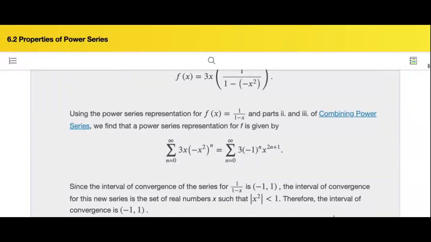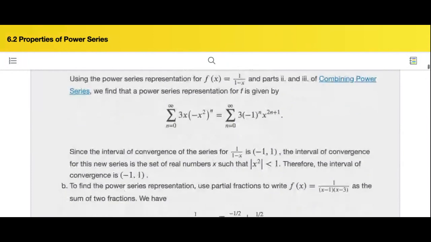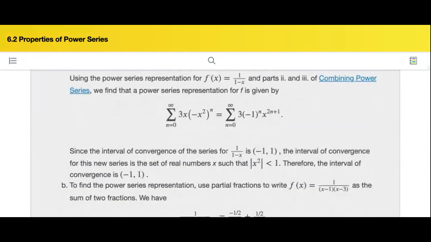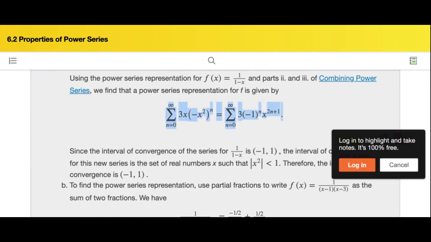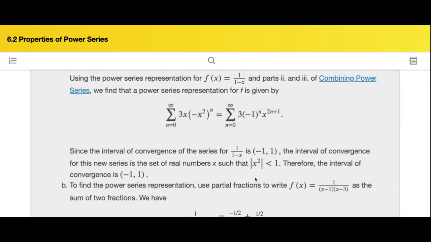Let's see example 2. Oh, okay, let's finish this one. The interval of convergence for the series 1 over 1 minus x is minus 1 to 1. The interval of convergence for this new series is the set of real numbers x such that x squared is less than 1, because that's the ratio. Actually, it's the absolute value of negative x squared, which is the same as the absolute value of x squared, less than 1.